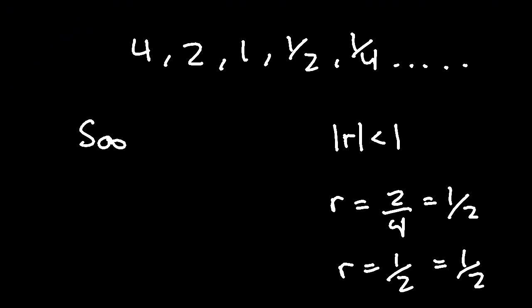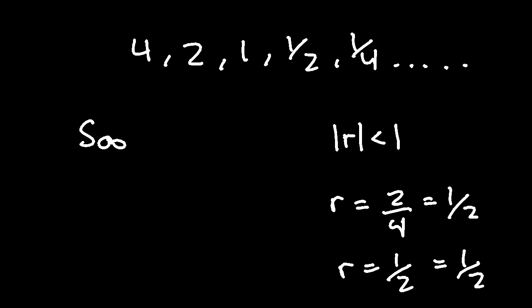Now the absolute value of the common ratio, which is the absolute value of 1/2, is less than 1. The absolute value of 1/2 is just 1/2, and 1/2 is less than 1. So a sum to infinity does exist.